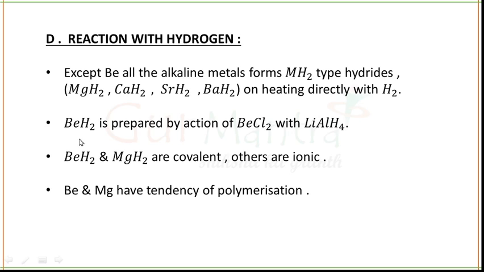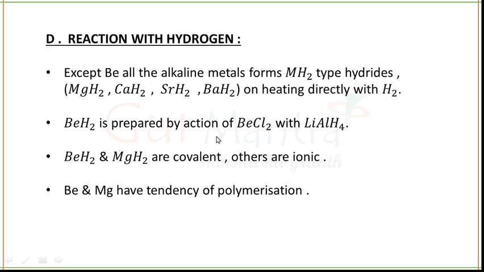And the formation of BeH2 is as follows. When you react two molecules of BeCl2 with LiAlH4, you will get two molecules of BeH2 with LiCl and AlCl3. I repeat, when you want to prepare BeH2, you need two compounds, that is BeCl2 and LiAlH4.